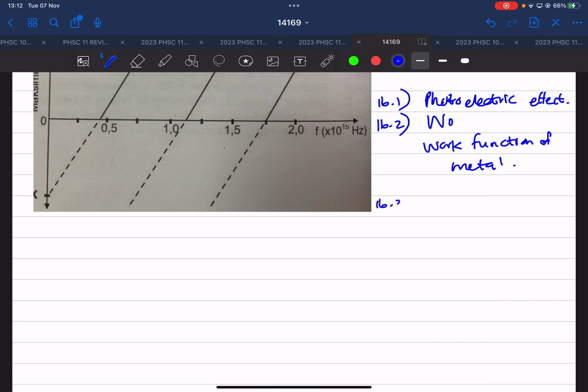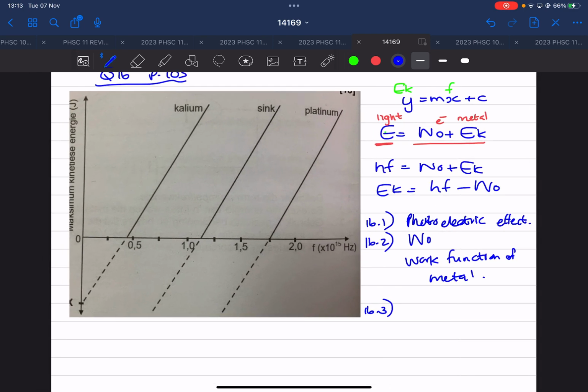Okay, 16.3 vra hulle vir jou. Watter een van die 3 metale, which one of the 3 metals needs the incident light with the greatest wavelength? So the greatest wavelength means the smallest frequency. Give a reason for your answer.